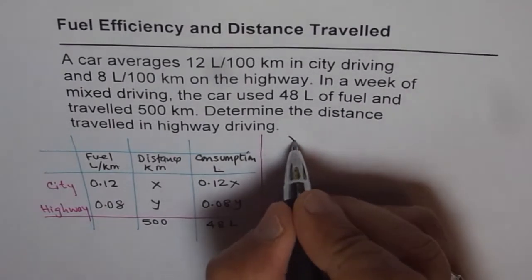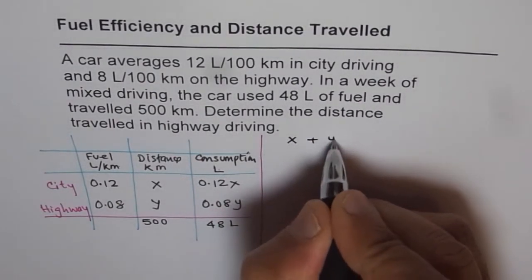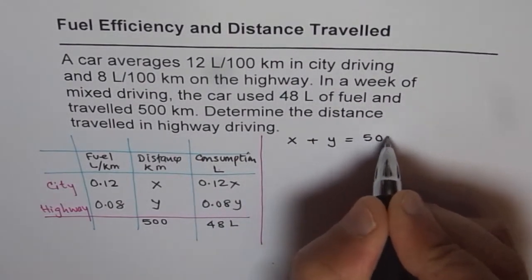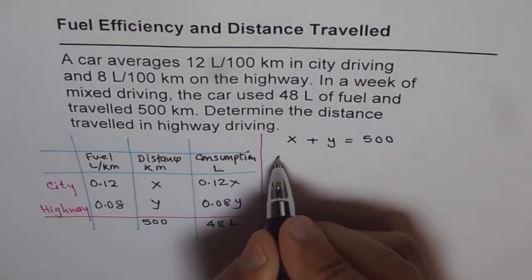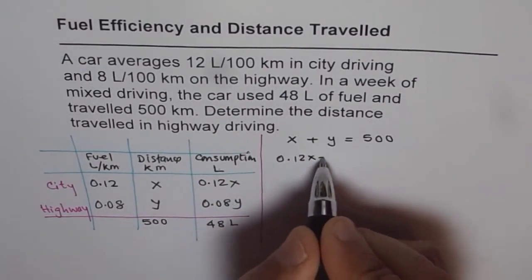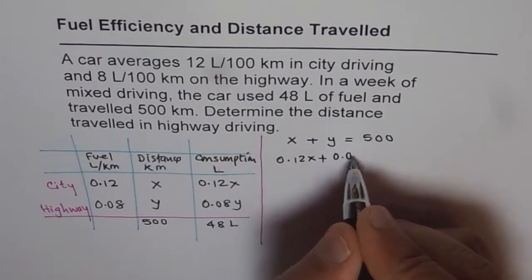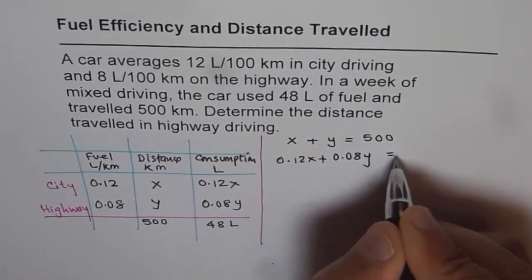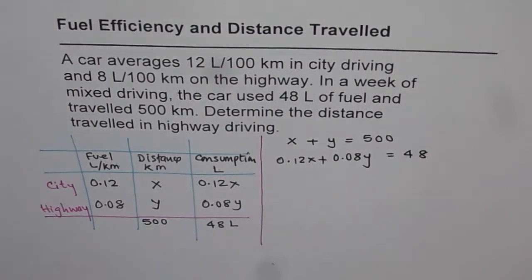Let me write these equations for you. It is x plus y equals 500, and the second one is 0.12x plus 0.08y equals 48. So these are the two equations. There are two variables, x and y, and two equations. We can always find them.